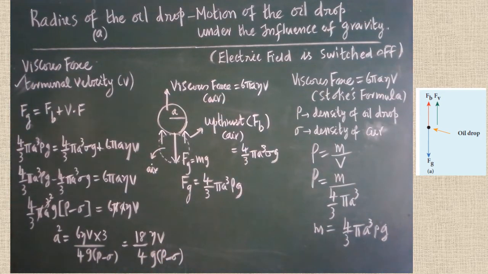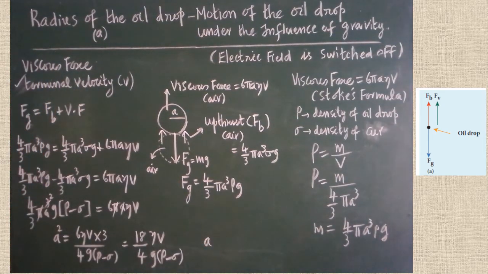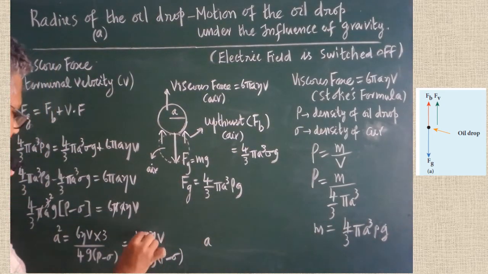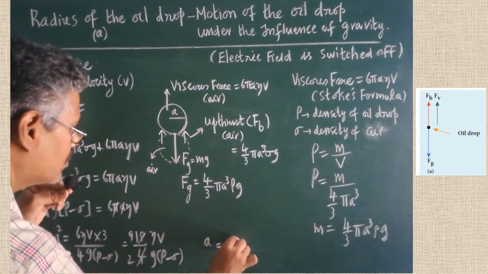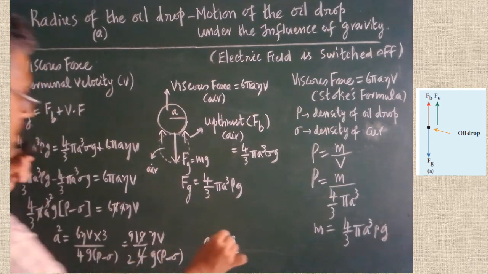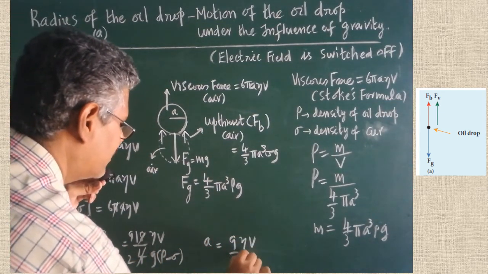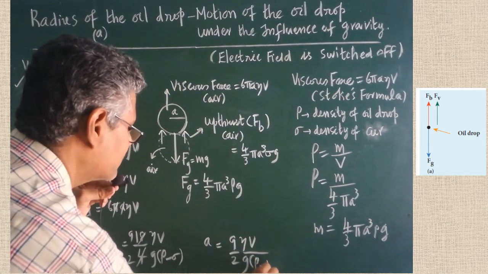We need a, so take the square root on both sides. You will get, cancel first, 9 by 2. A is equal to 9 by 2 eta v divided by g rho minus sigma.